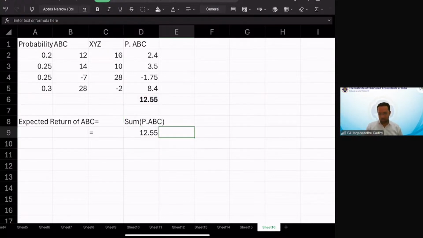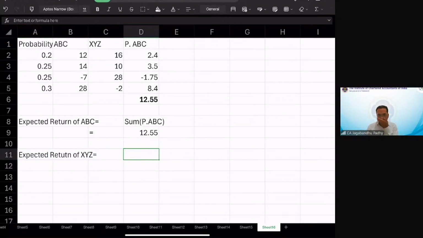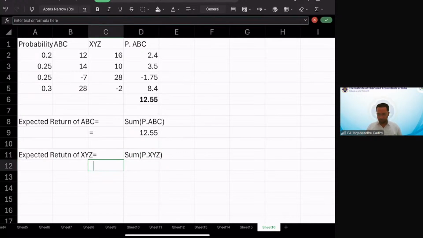Same way, to compute the expected return of XYZ, we take the summation of probability into XYZ.